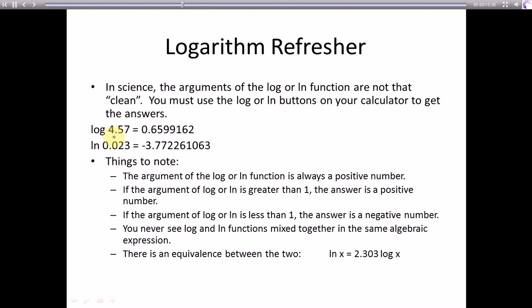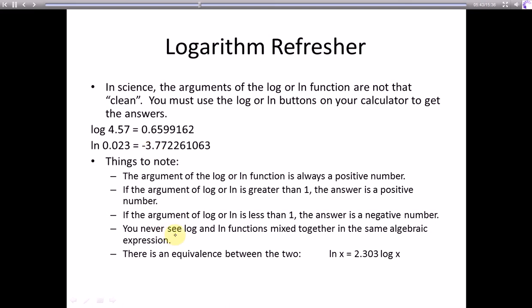The argument is 4.57, which is greater than 1, and the log of 4.57 returns a positive value. However, if the argument of the log is less than 1, then the answer is a negative number. That can be seen in this example. The natural log of 0.023, which is a number less than 1, gives us a negative number, negative 3.77, etc.